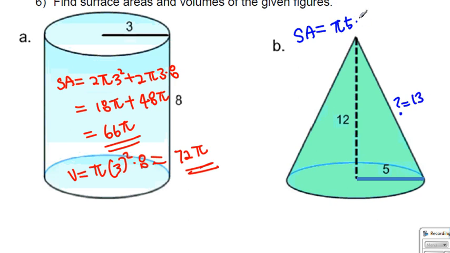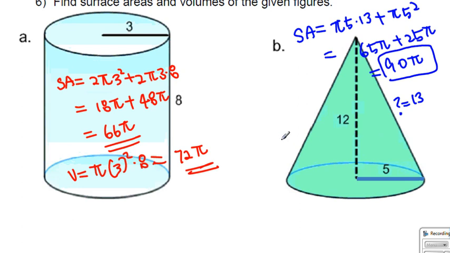So the slant height we realized to be 13, plus the area of the base, which is pi r squared, which is 5 squared. Then once you calculate this one, we end up getting 65 pi plus 25 pi, which finally becomes 90 pi.